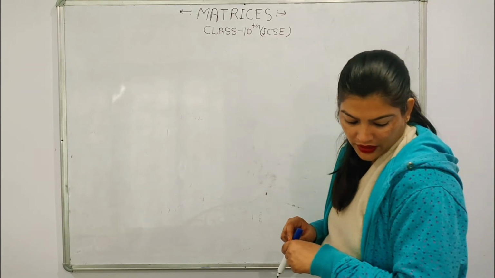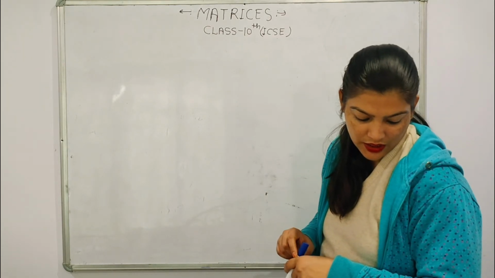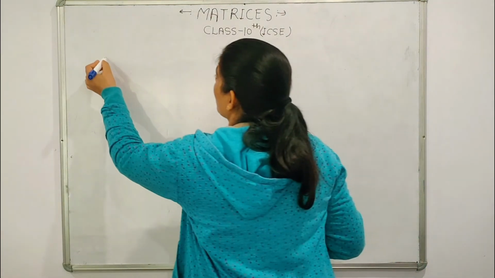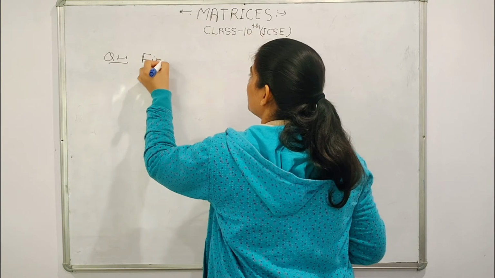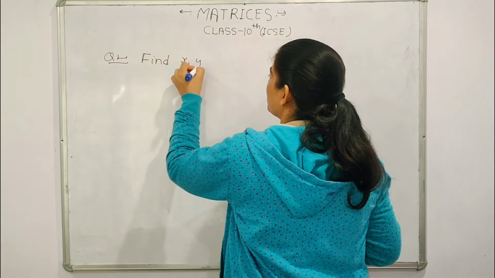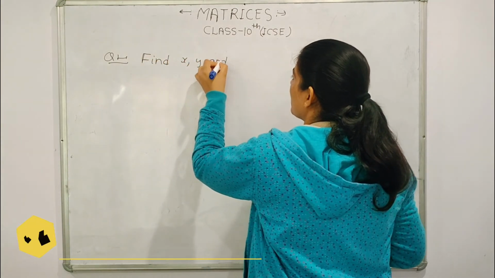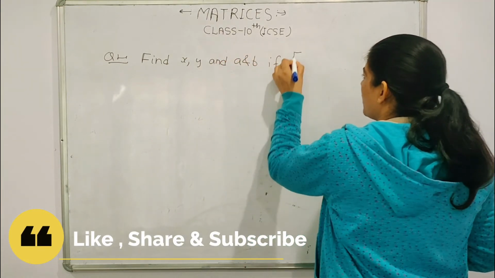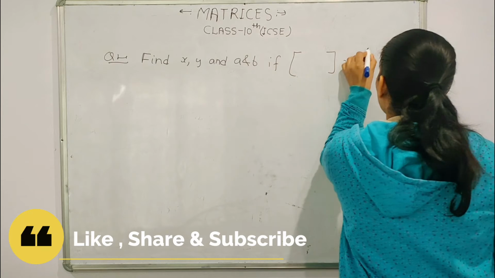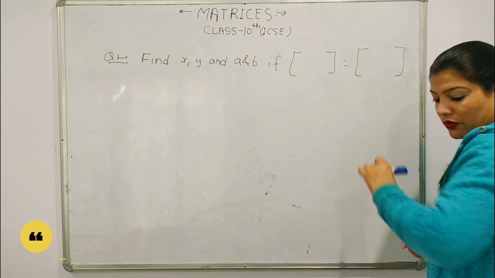Find the values of x and y and a and b. Question is, find x, y and a and b if two matrices are equal. And what are they?